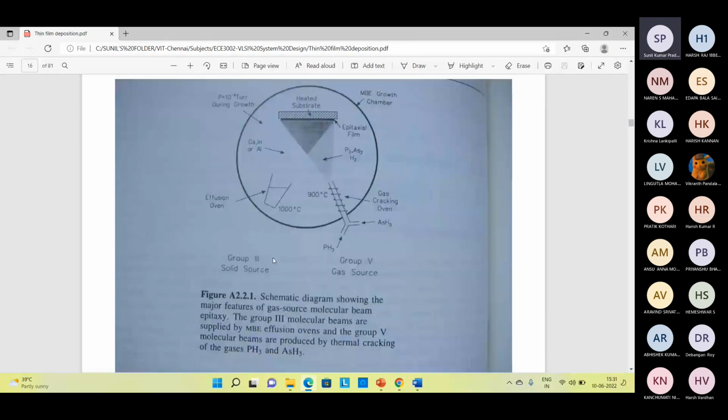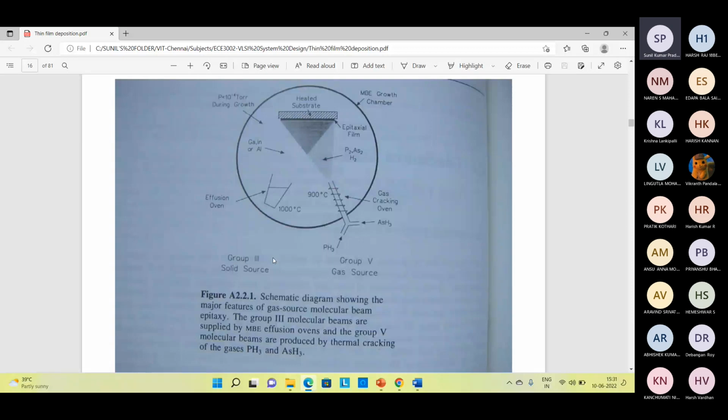This diagram which is showing here is the schematic diagram showing the main features of gas source molecular beam epitaxy. The group 3 molecular beams are supplied by molecular beam epitaxy effusion ovens, and the group 5 molecular beams are produced by thermal cracking of gases like phosphine, that we call PH3, and arsenic hydride AsH3, like this.